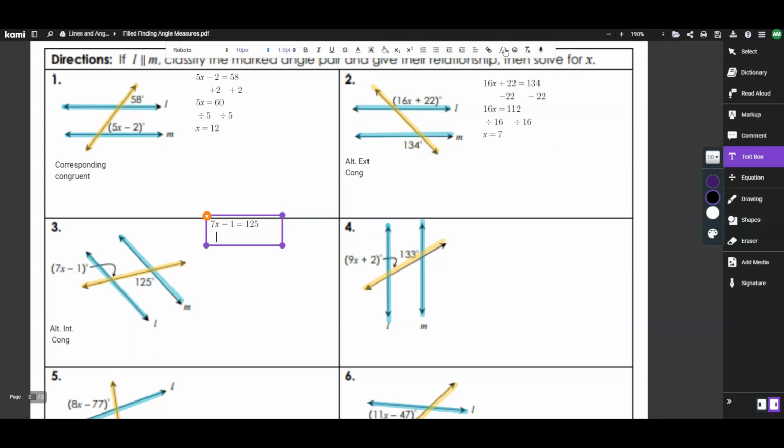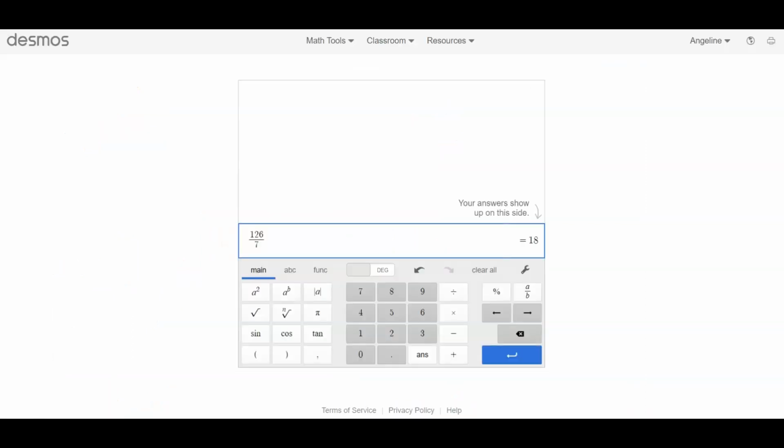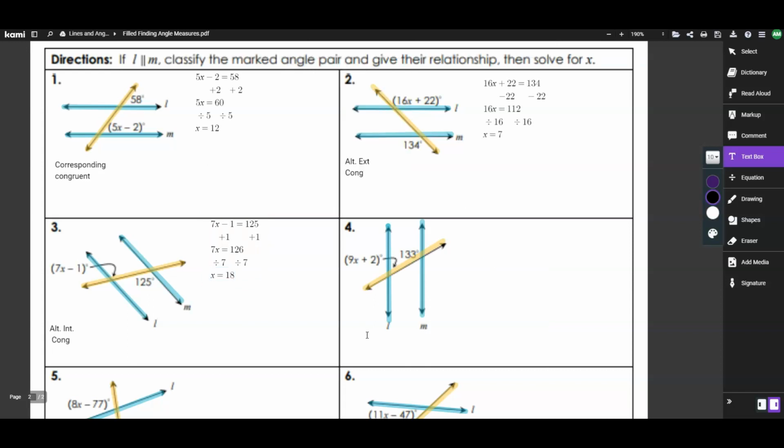Then we are going to add 1 to both sides, which will give me that 7x is equal to 126. Divide both sides by 7, and we are going to end up with x is equal to 18. Let me check that. 18. That's correct.